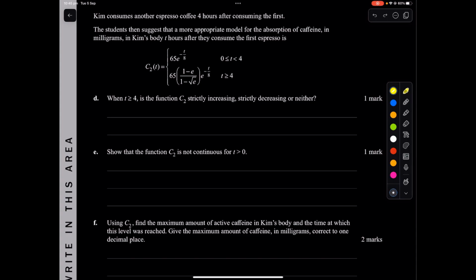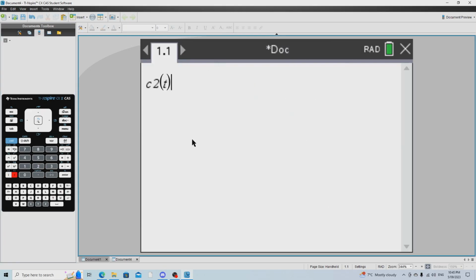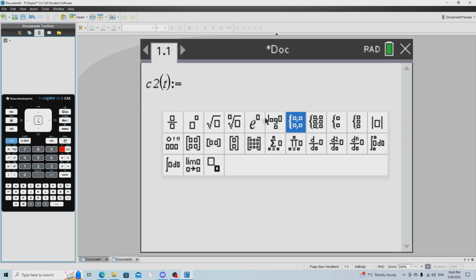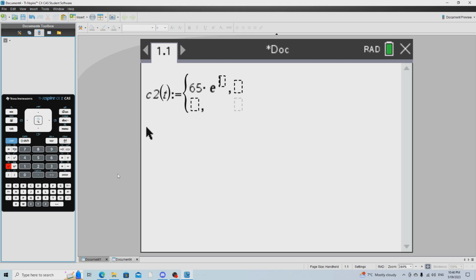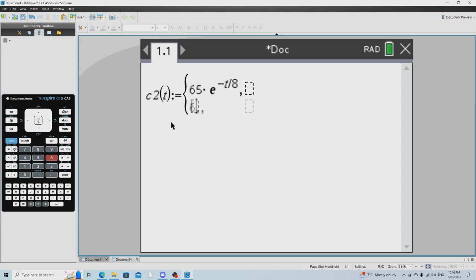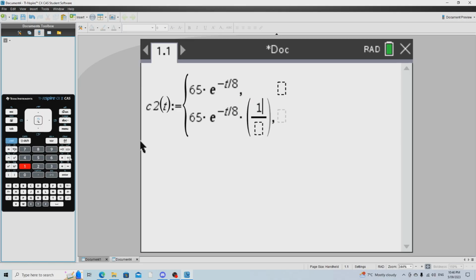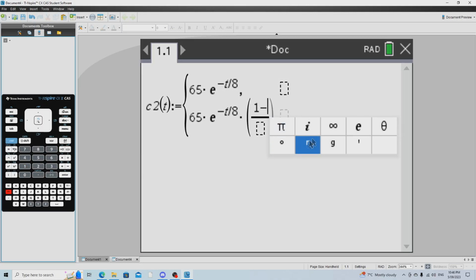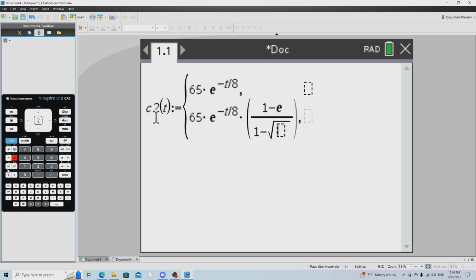First, I'm just going to make my life easy and define this new function. So C on T as this hybrid function, which is 65 times E negative 2 over 8 times 1 minus E, and 1 minus root e.